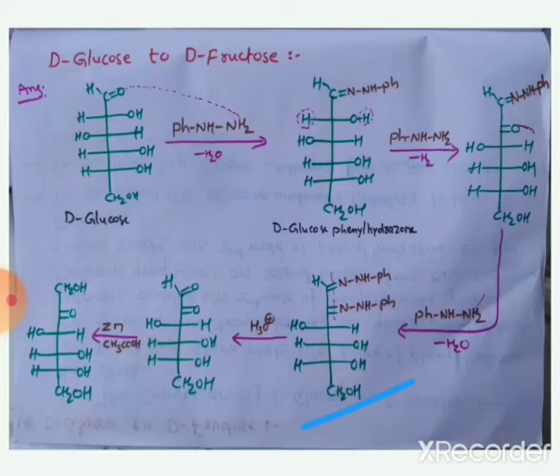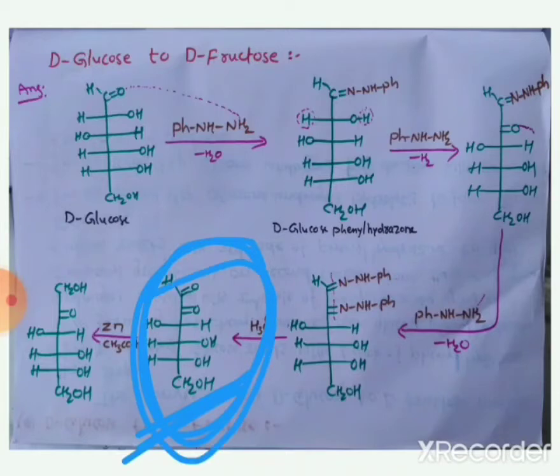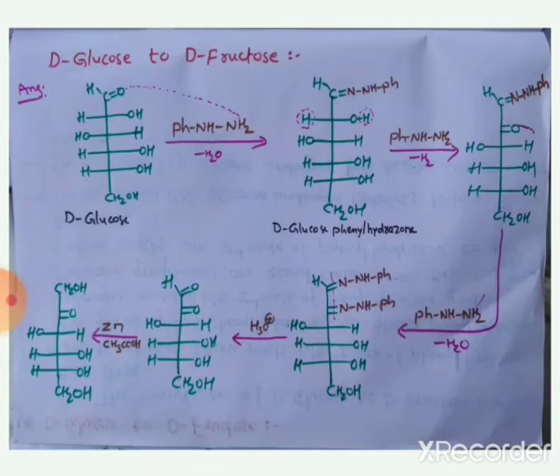The osazone undergoes hydrolysis to form osone. This is the osone. What is our aim? Our aim is D-glucose to D-fructose.